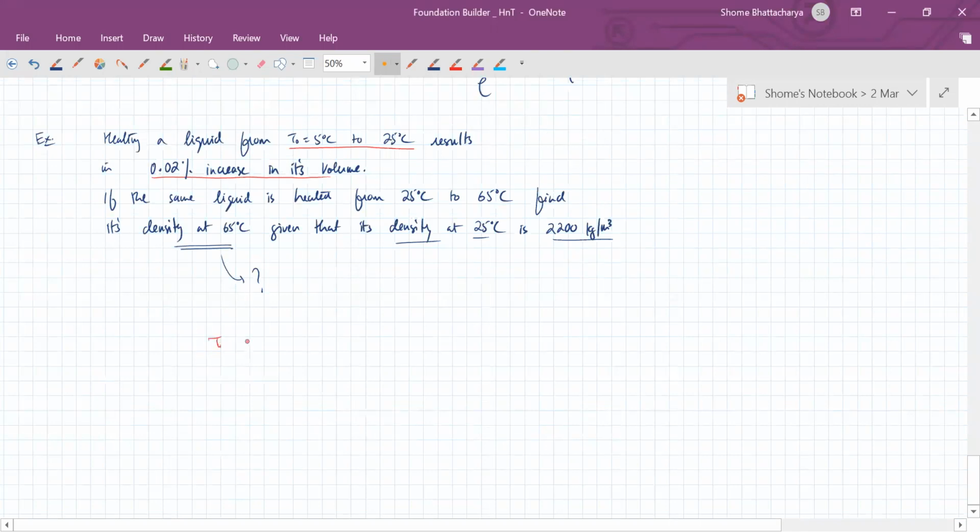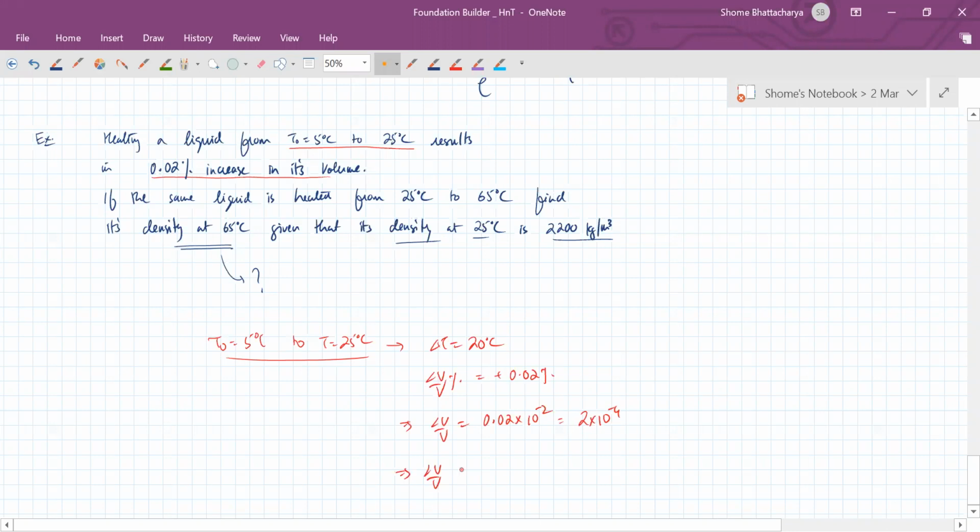So T naught equal to 5 degrees C to T equal to 25 degrees C. The change in temperature is 20 degrees C. And the percentage change in volume is this. So that means delta V by V is 0.02 into 10 raised to the power minus 2, or 2 into 10 raised to the power minus 4.